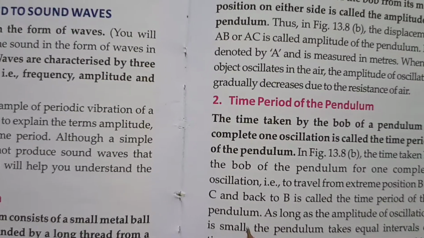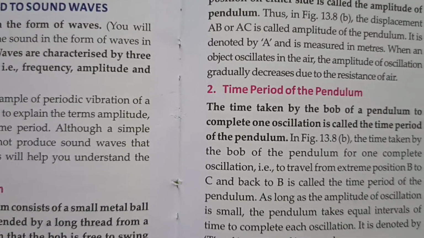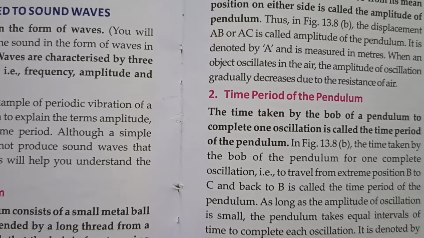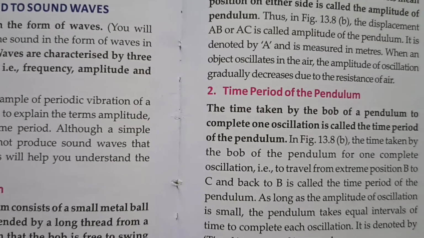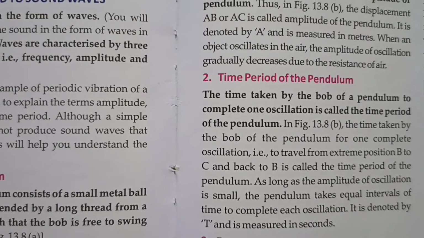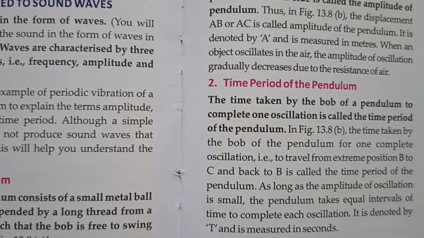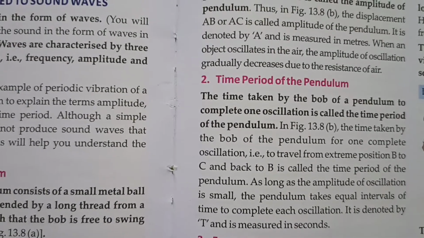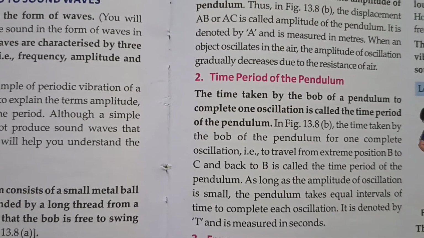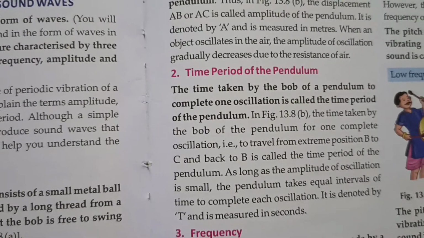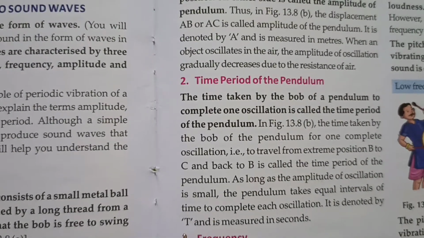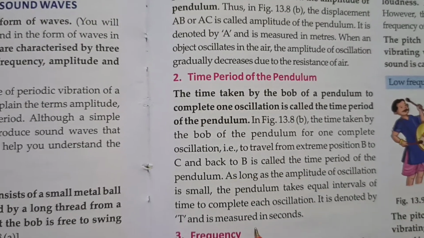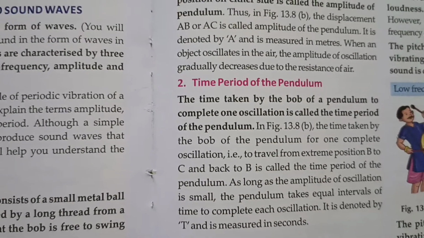As long as the amplitude of oscillation is small, the pendulum takes equal intervals of time to complete each oscillation. The symbol of the time period is T and it is measured in seconds.